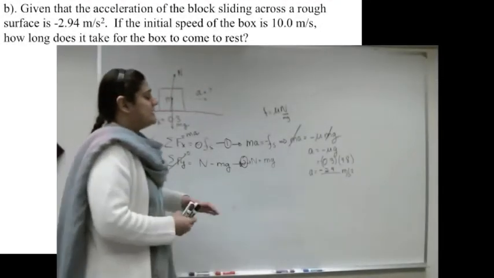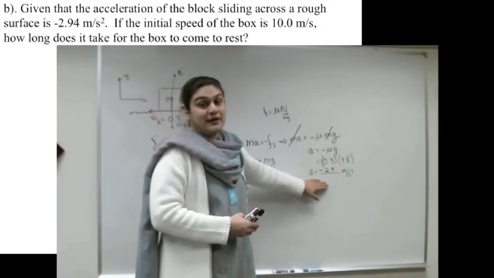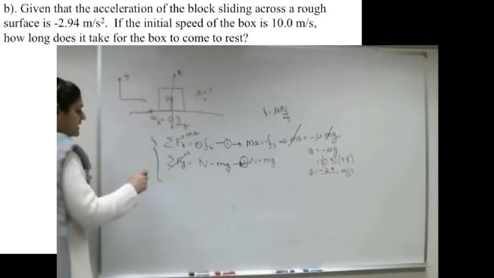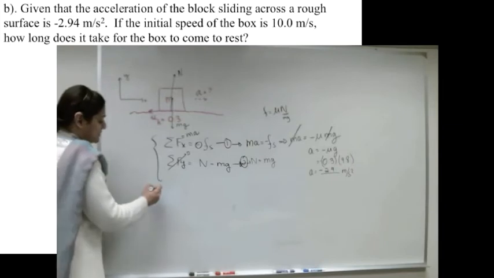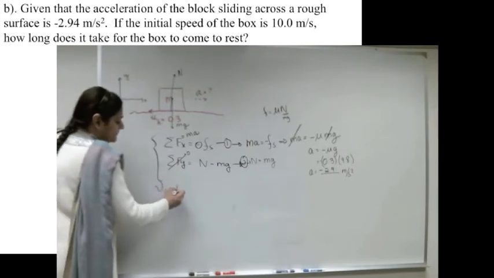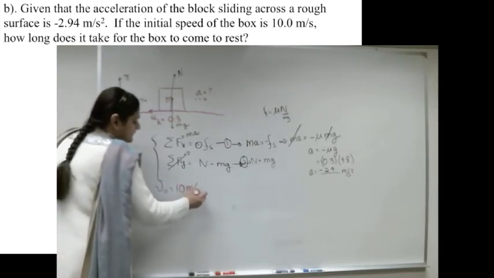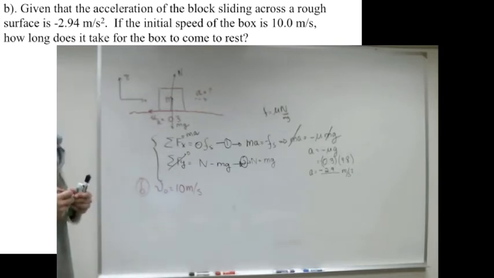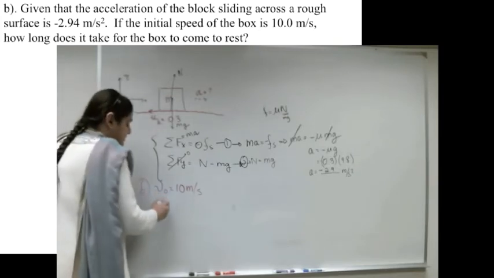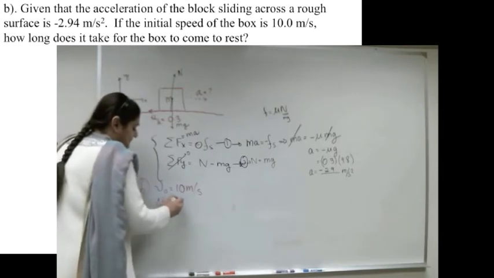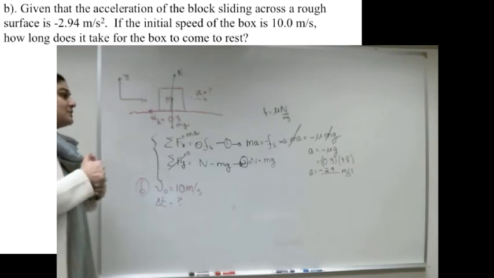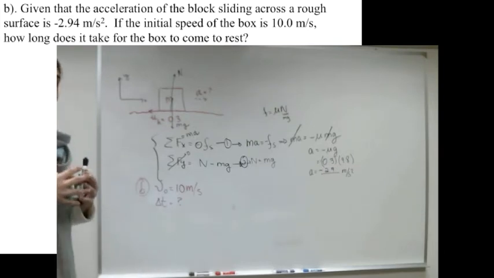Now for part B, it's saying to take this acceleration that you found, and given that your initial speed is 10 meters per second, so this is part B, 10 meters per second, how long does it take for the box to come to rest? So delta t is what I'm looking for. Now, in this case, we will go back to what we learned in equations of motion.